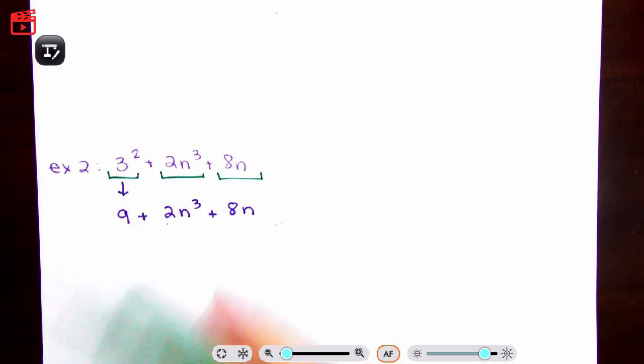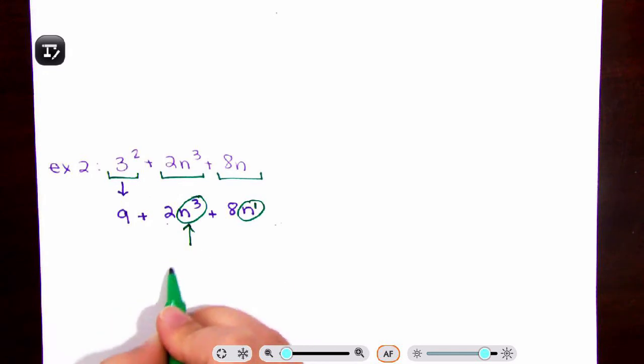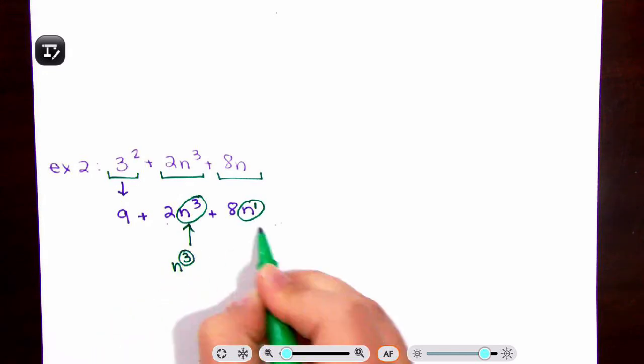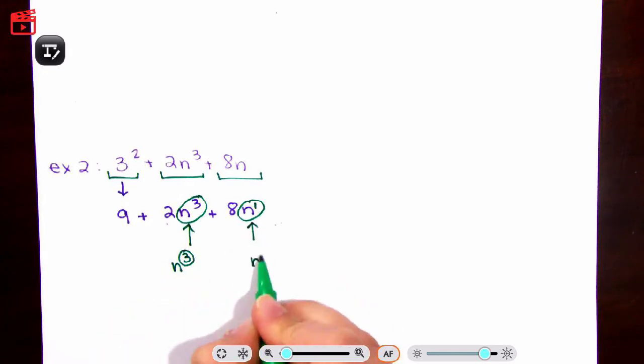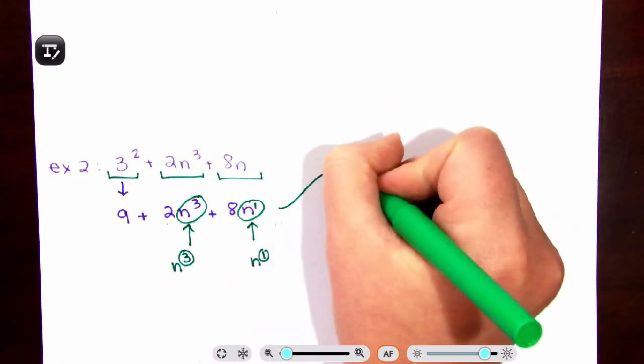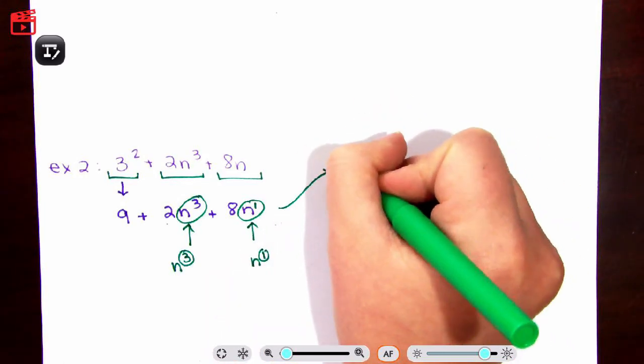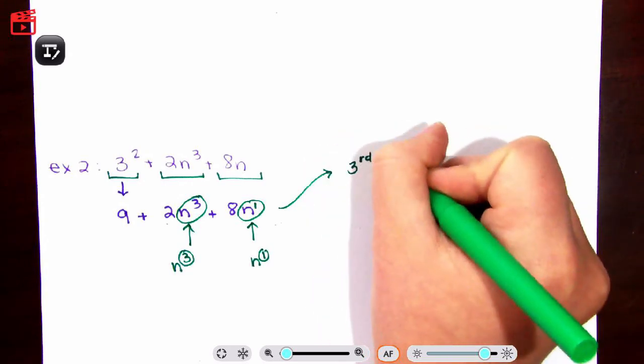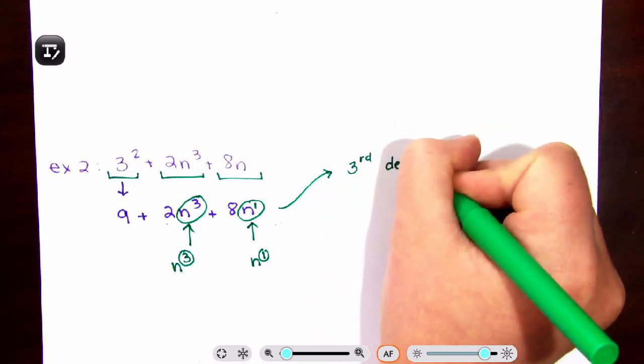Excuse me, I do have an exponent of 3 on n, and I have an exponent of 1 on n here. So the only thing we are comparing is a 3 for this one, and a 1 for this one. So that means for this polynomial, we have a third degree polynomial.